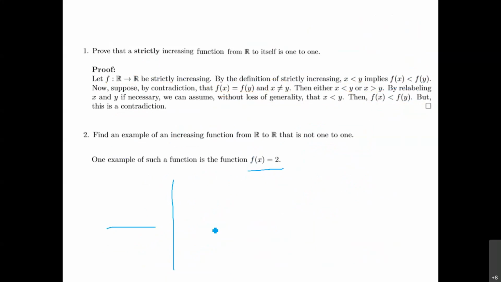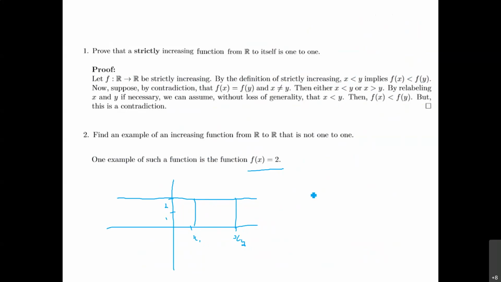Simply 1, 2. This constant function, which is just a horizontal line, it's increasing, right? Remember, not strictly increasing. This is just increasing. And hey, every image is the same. x1, x2, x100. They all have the same image, so it's definitely not going to be one-to-one.